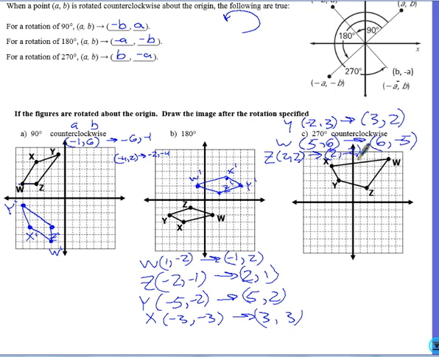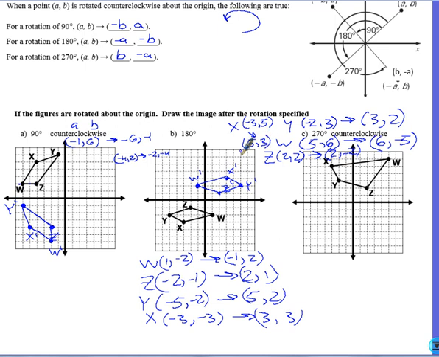Right in my graph here. The last point that we didn't do is X. X is at (-3, 5). When I switch and negate that, that becomes (5, 3).